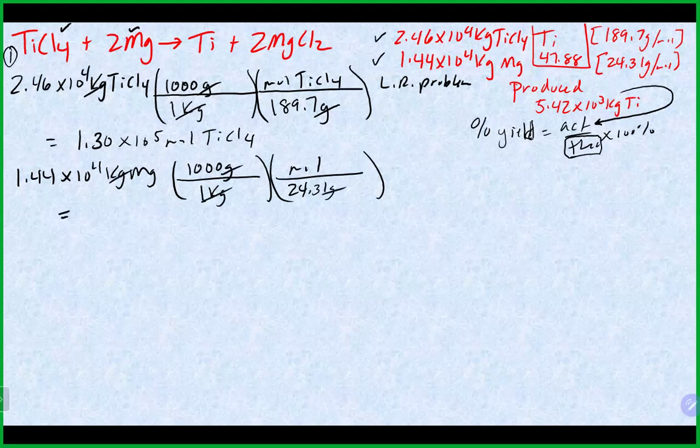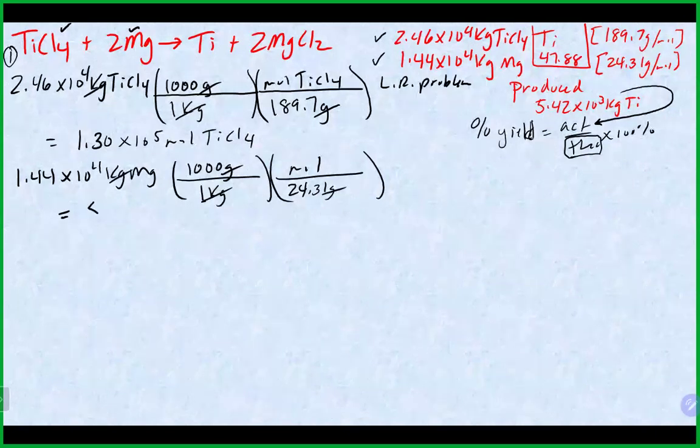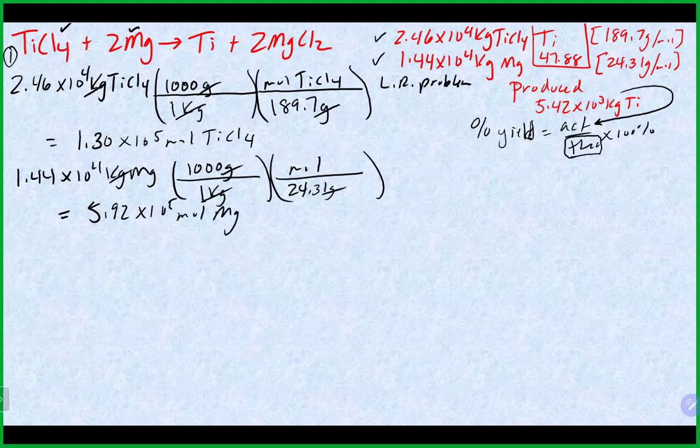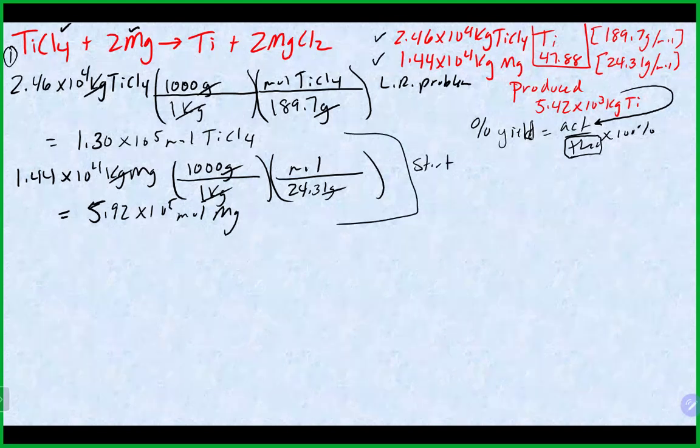And that's going to get us here 1.44 to the fourth times 1,000 divided by 24.31. Going to get us here 5.92 times 10 to the fifth moles of magnesium. This again, both of these are our starting amount of each of those. Any questions on that calculation there?